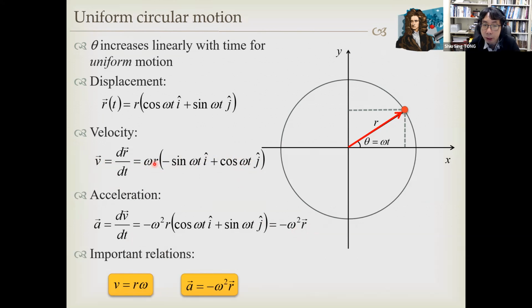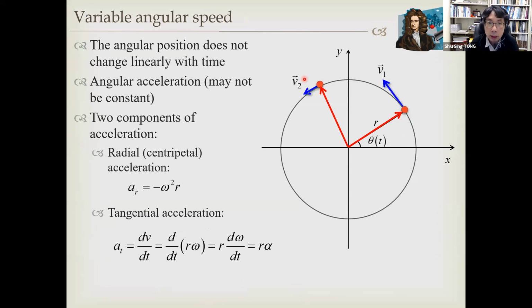The acceleration magnitude is given by omega squared r, and its direction is opposite to the position vector, directed towards the center of the circle. That is, of course, the centripetal acceleration that you learned in high school.